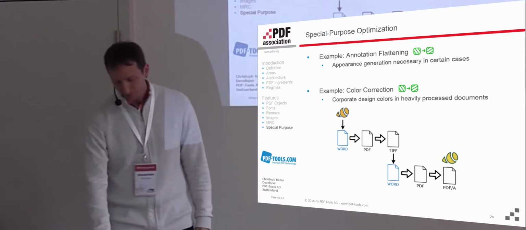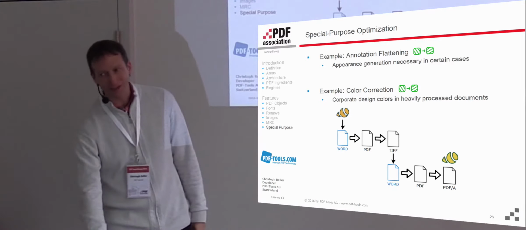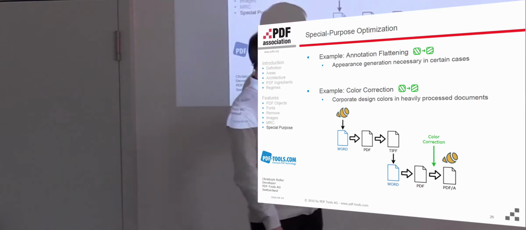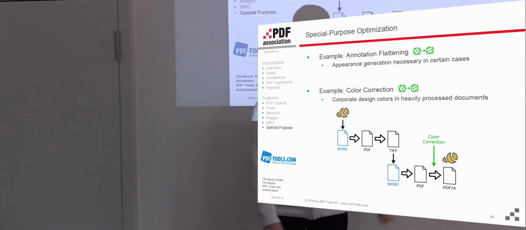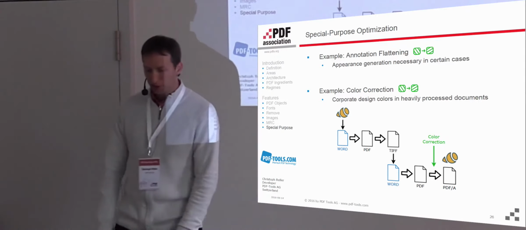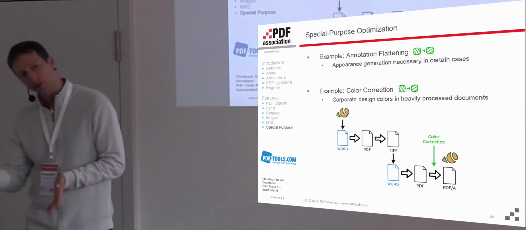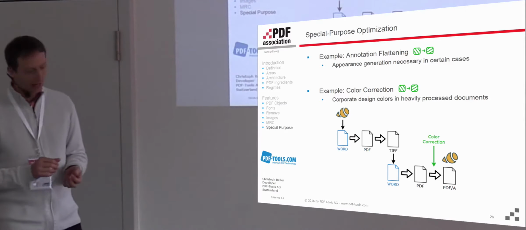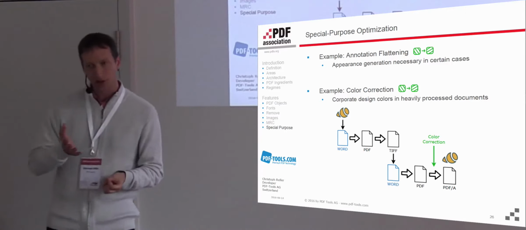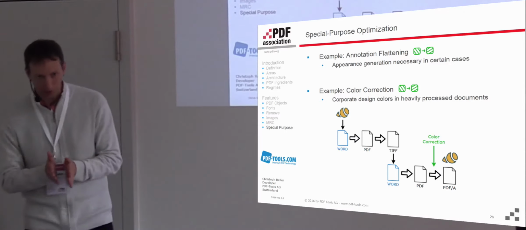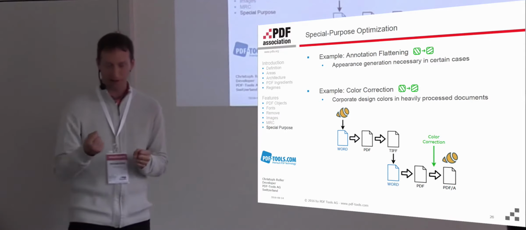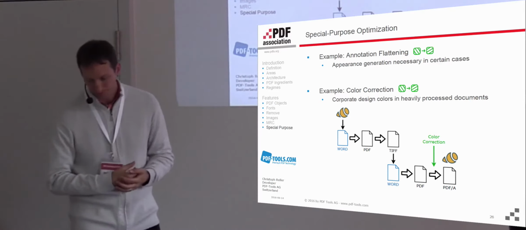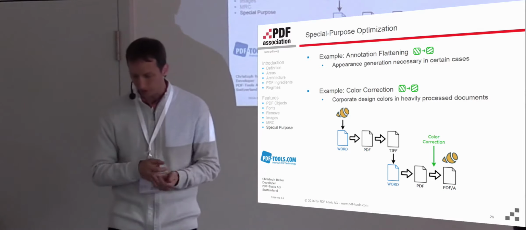So a very special type of optimization is to do a color correction, in this case just prior to converting to PDF-A, and this color correction goes through the whole PDF, through all the contents, all the images, and compares the colors with their corporate colors, and if they're close enough, then colors are corrected to their true values.